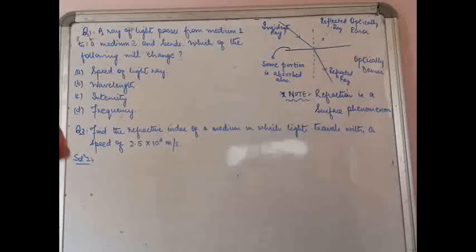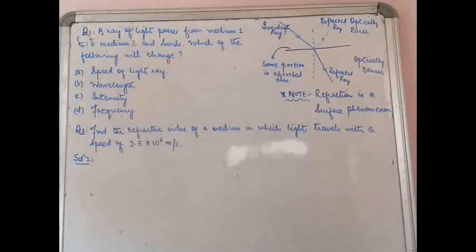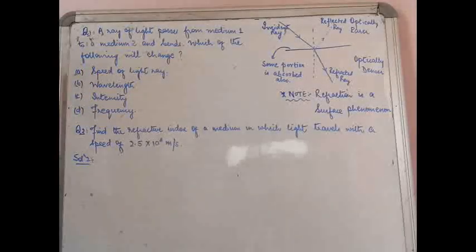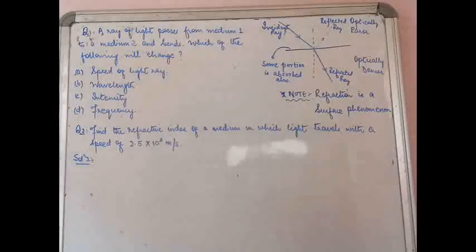Whatever bending or change in the speed of light takes place, it happens the moment there is an encounter at the surface of separation. The moment the light finds a change in the optical density of the medium, that very moment the bending starts. So refraction is a surface phenomenon.